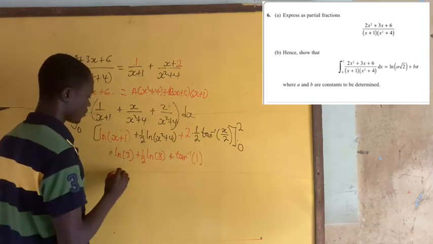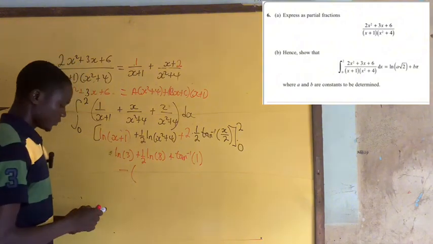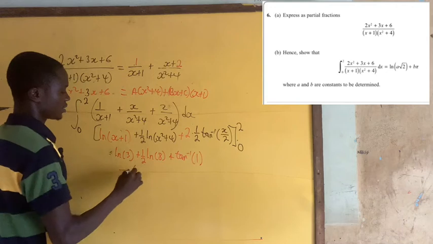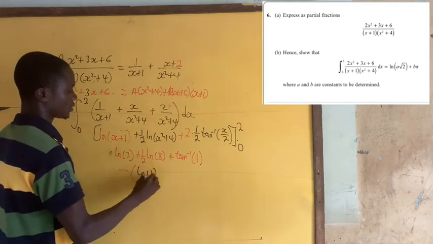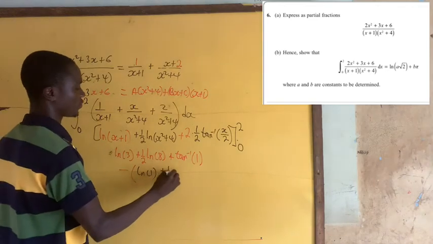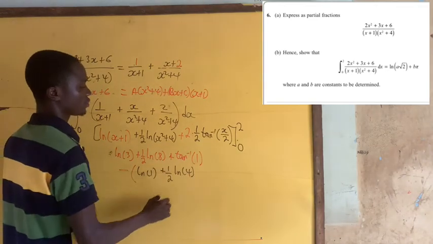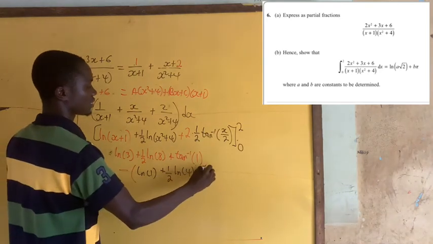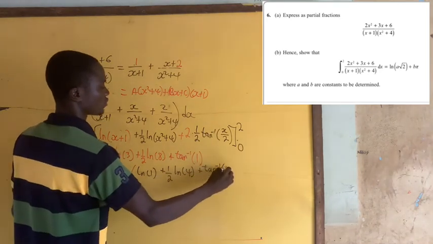Then we have minus, if we put in 0, we are going to have ln of 1. If we put in 0, we have plus half of ln of 4. And if we put in 0 here, we have plus tangent inverse of 0.